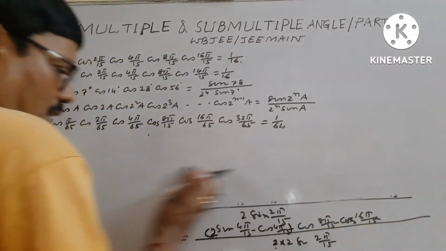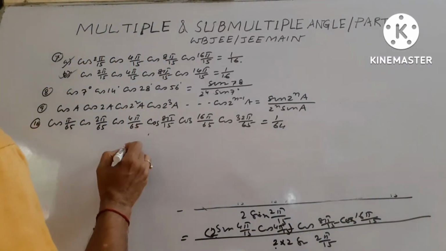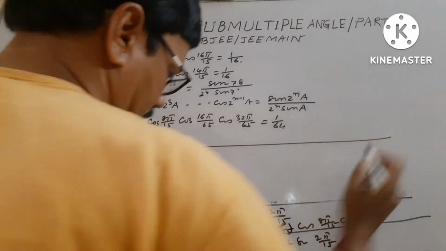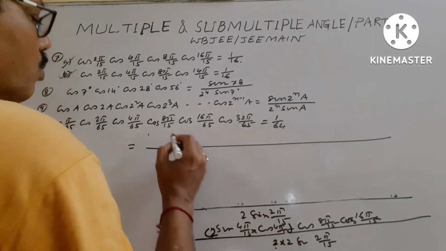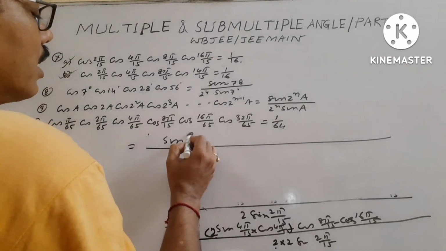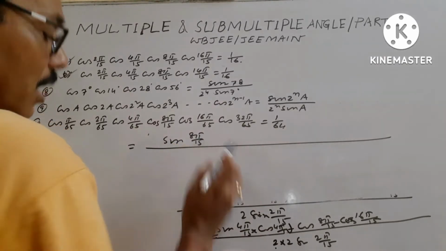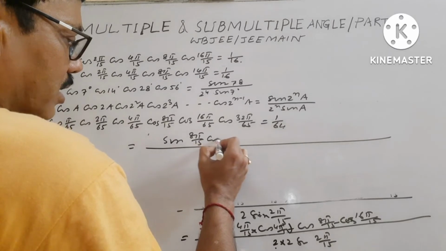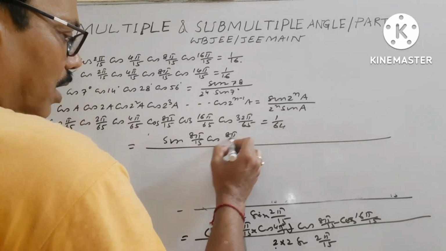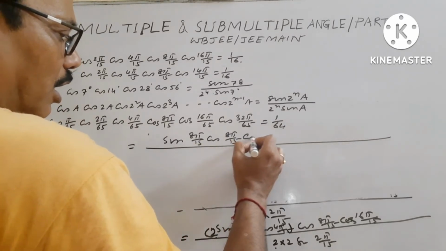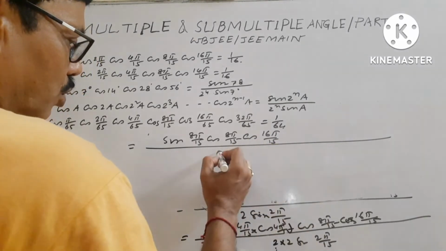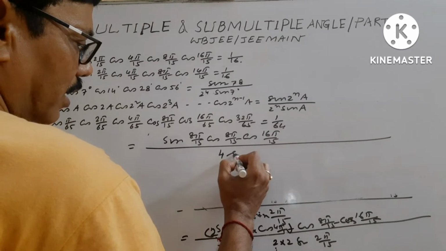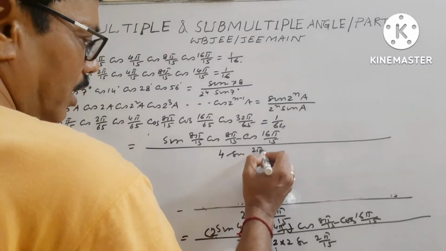So again 2 sin 4 pi by 15 cos 4 pi by 15 gives sin 8 pi by 15. Up to this. Now the next term is cos 8 pi by 15, and we get the same angle, then cos 16 pi by 15, and the denominator is 2 into 2, that is 4 sin 2 pi by 15.